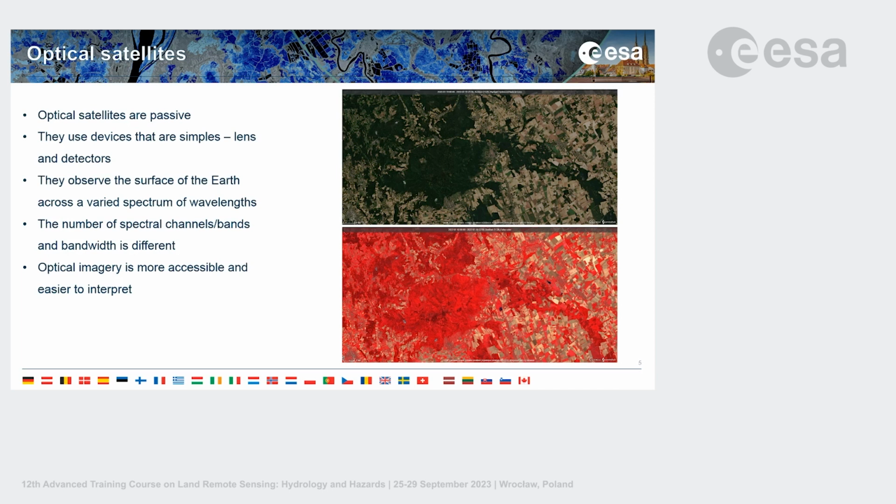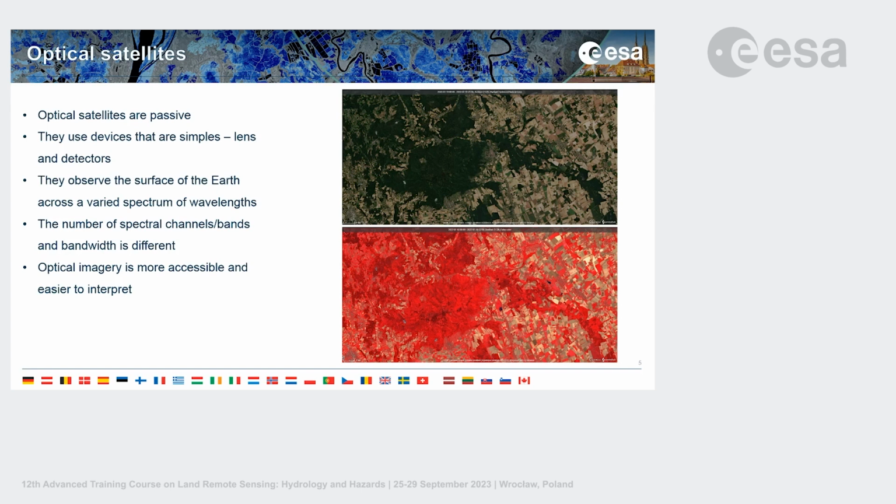The optical satellites take the radiation emitted by the object. They use devices that are quite simple. They have a camera on board. They observe the surface of the Earth across a varied spectrum of wavelengths.